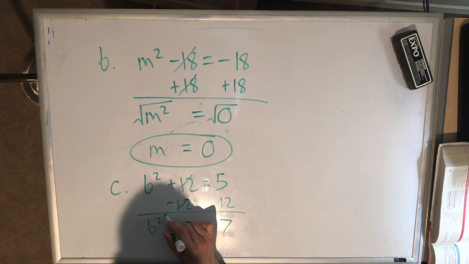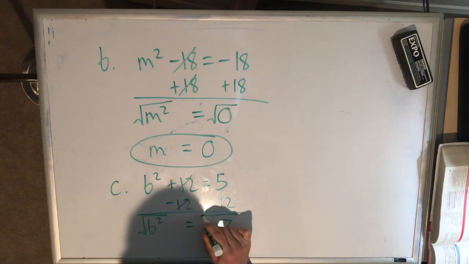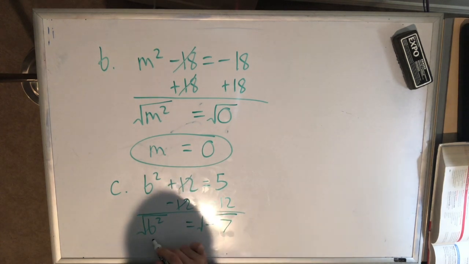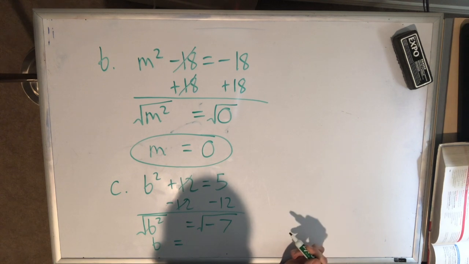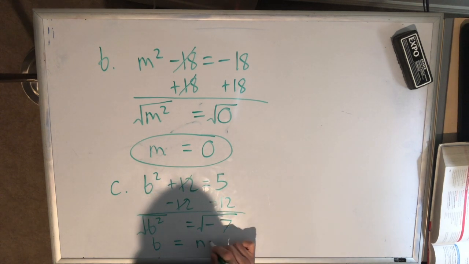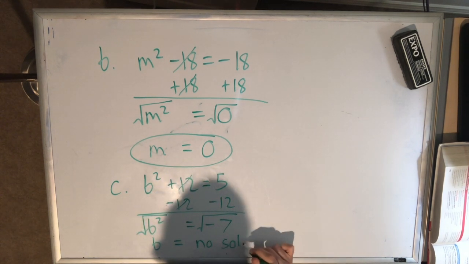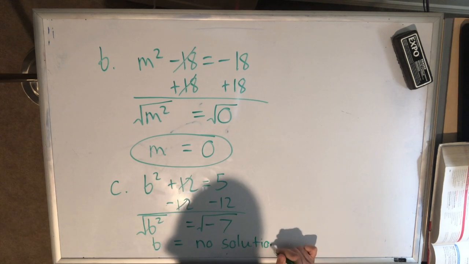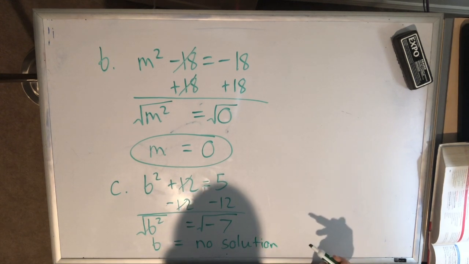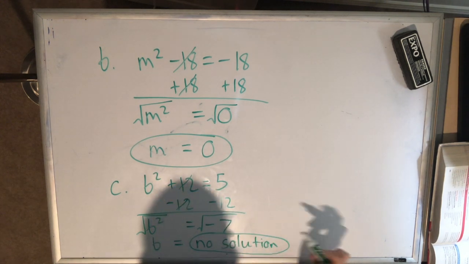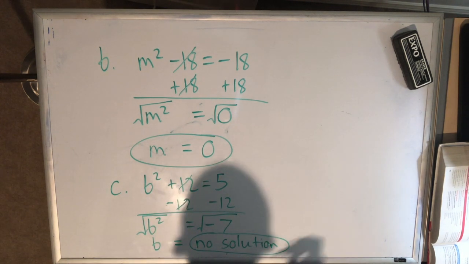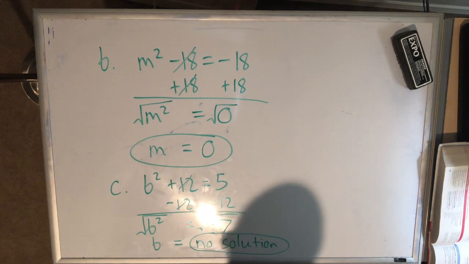And take the square root of each side. Square root of b squared is b. There is no solution because it's impossible to take the square root of a negative number, because no number multiplied by itself equals a negative number. A negative times a negative would be positive, not negative.